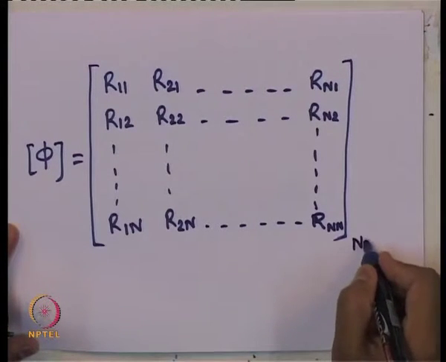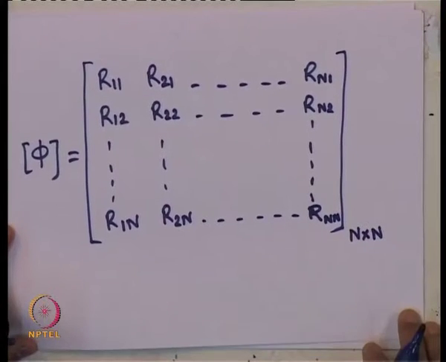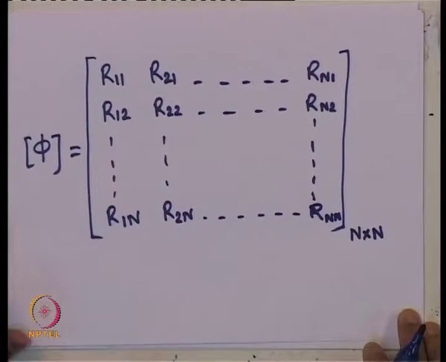So, this will be a transformation matrix of size n by n, as we have mentioned.